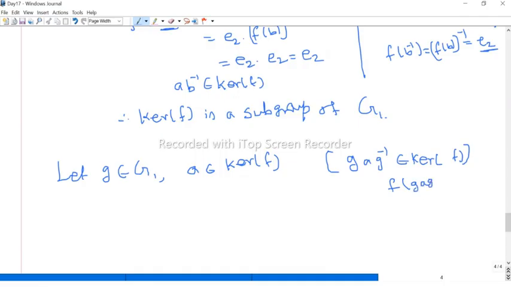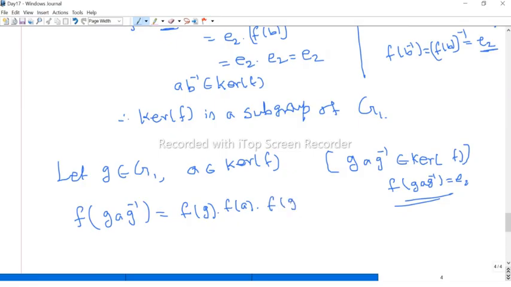That is, f of g a g inverse should map to the identity element. Consider f of g a g inverse. Since f is a homomorphism, this is f of g into f of a into f of g inverse, and f of g inverse is f of g whole inverse. Since a is an element of the kernel, f of a is the identity element. So f of g into E2, where E2 is the identity element of the codomain, and f of g inverse.